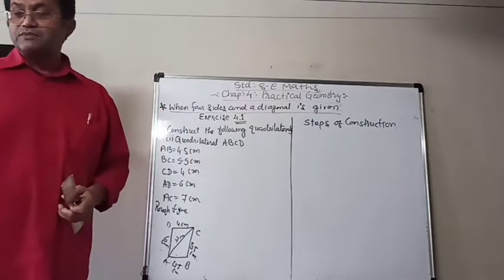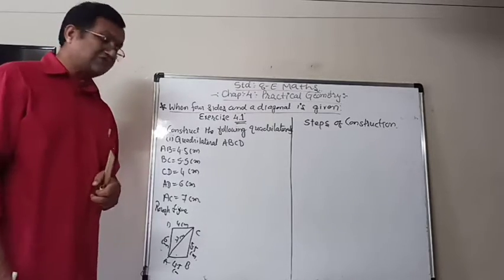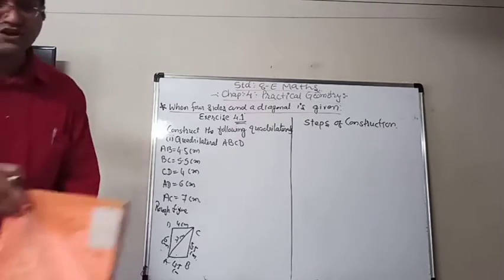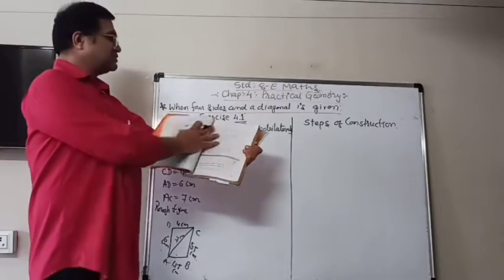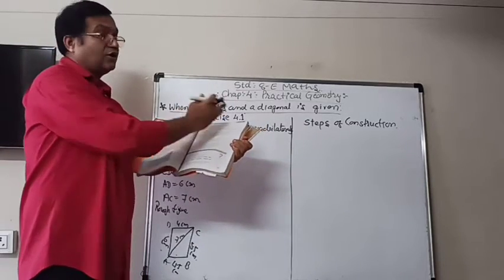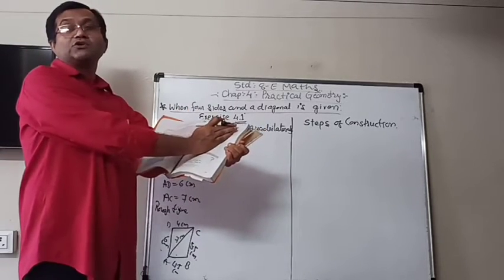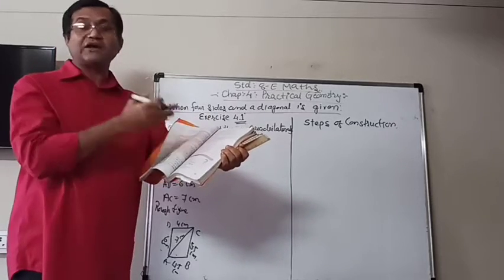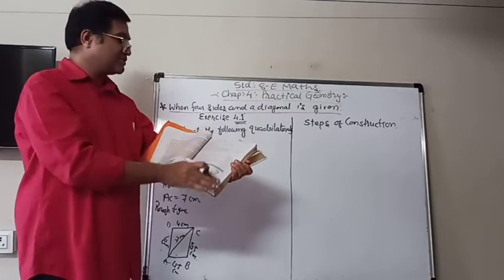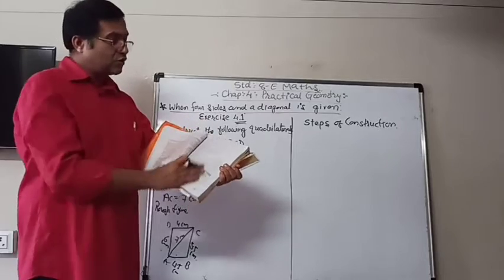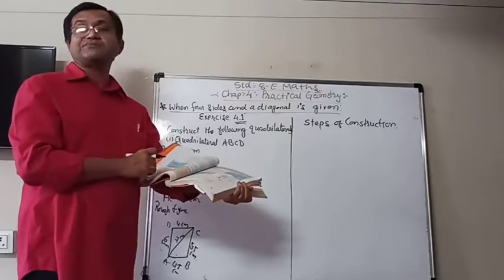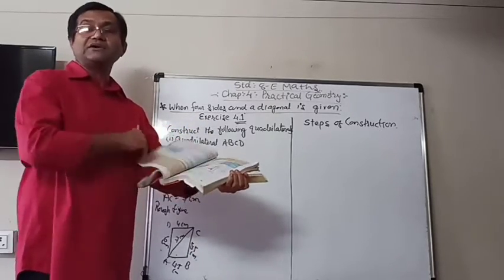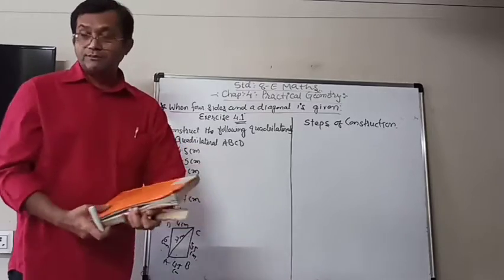Whenever you do this in your notebook, generally on the left page you draw, and on the opposite page you write down the construction steps. Otherwise some people draw here and then write down the steps there, and every time have to move the page.